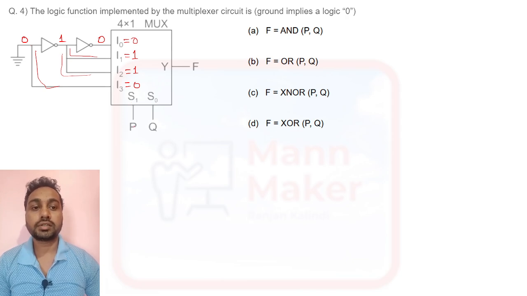Now this is a mux, so we have two select lines, S1 and S0, that is P and Q. So we have four conditions: 0 0, 0 1, 1 0, and 1 1.